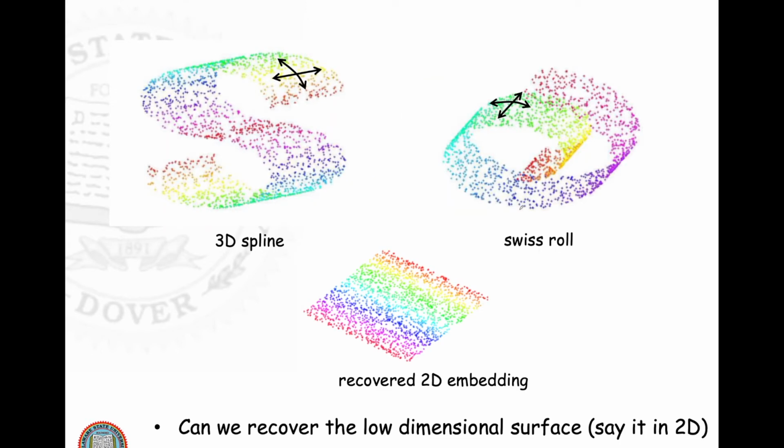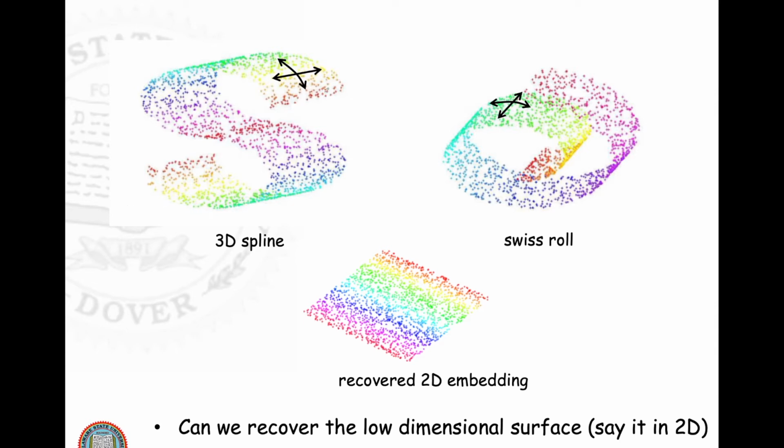We looked at two different types of nonlinear manifolds, the 3D spline and the Swiss roll, and we argued, and demonstrated, that the variability of these points proceeds in various directions, different from the original axes in R3 that represent all points in space.